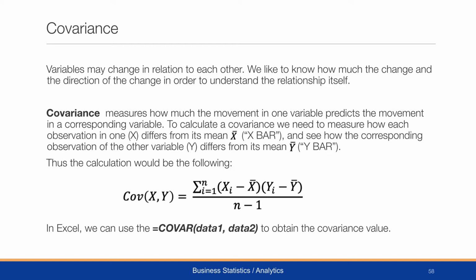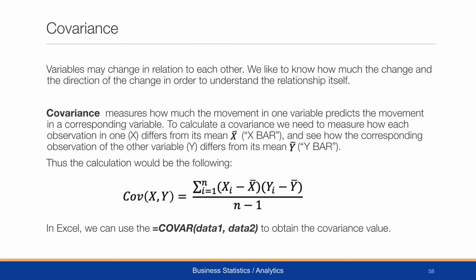But to understand what's going on, we're looking for how much change and the direction of the change between these two variables. The way we do that is we're going to measure how much movement in one variable predicts movement in the corresponding variable. To calculate a covariance, we need to measure how each observation in one differs from its mean, x bar, and see how the corresponding observation of the other variable differs from its mean, y bar.